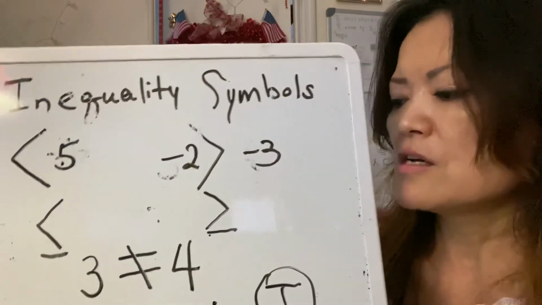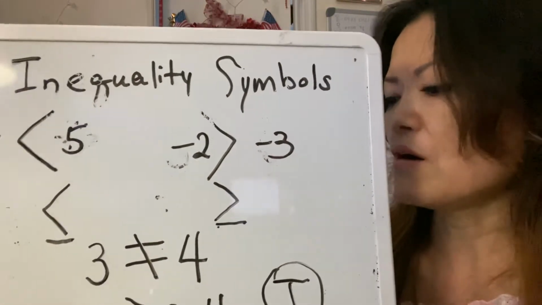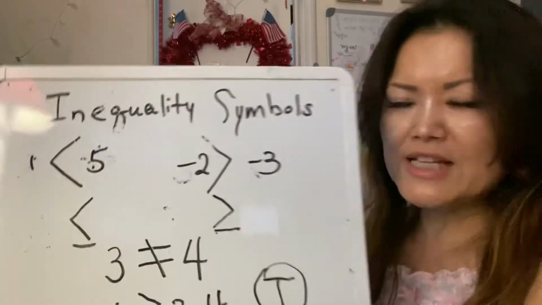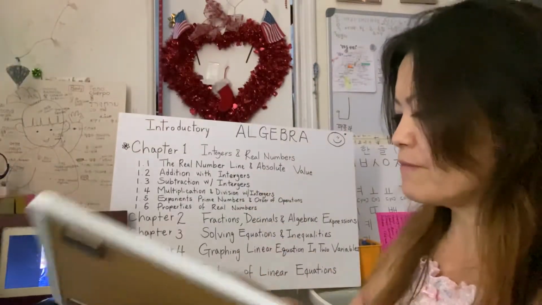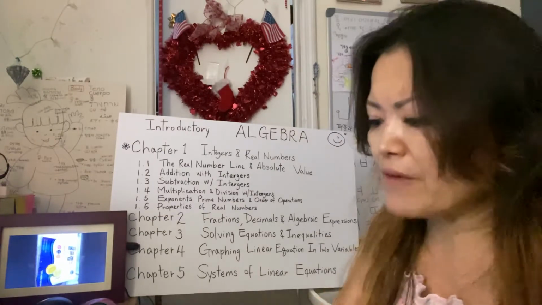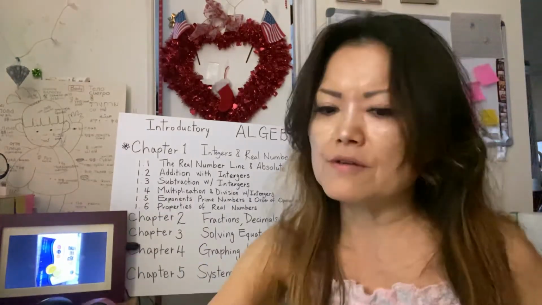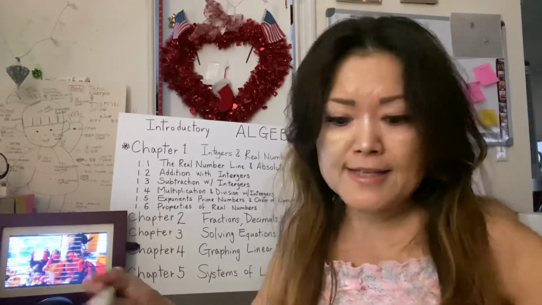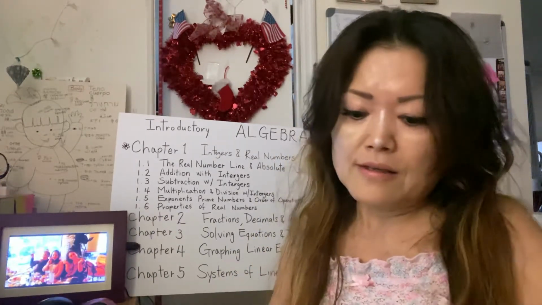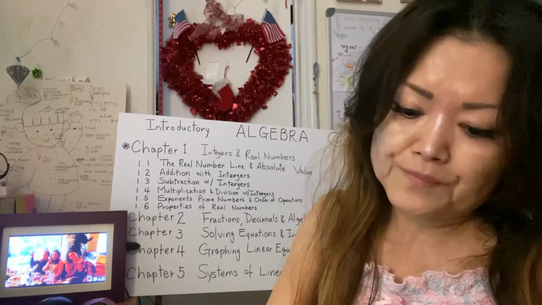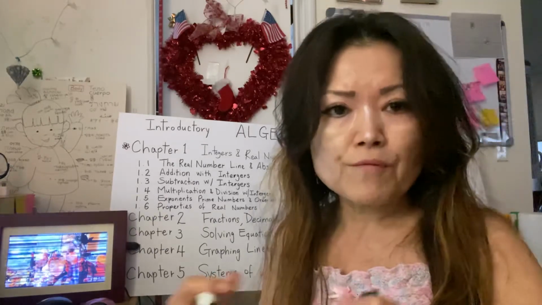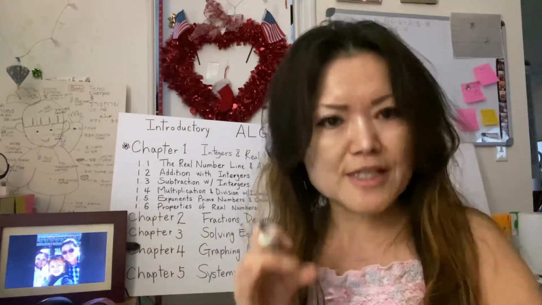So now we have learned about the symbols of inequality. Let's go to absolute value. Say absolute value. Very good. Absolute value means the distance of the number from 0.